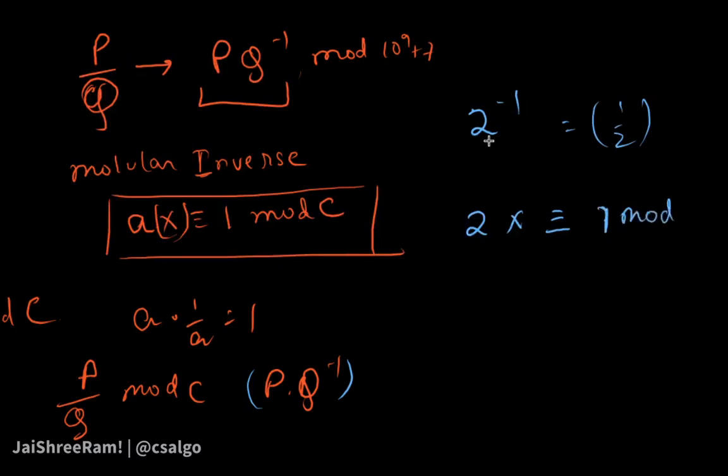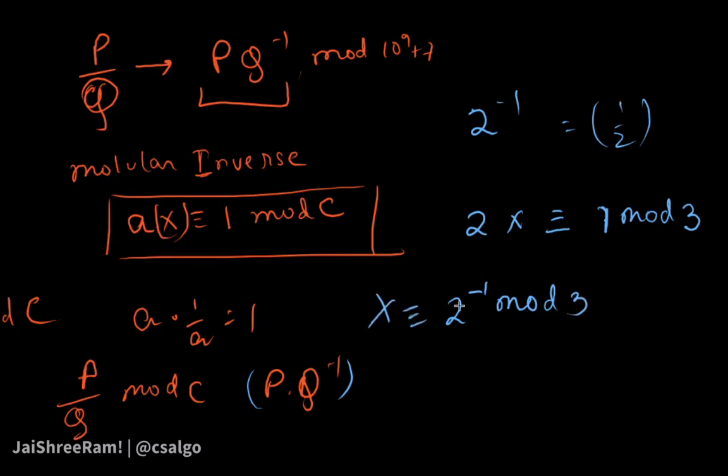So let's try to find out what is the inverse of 2 in the domain of 3. So what is the inverse of 2 when you take modulo 3? This x will be 2 inverse modulo 3.